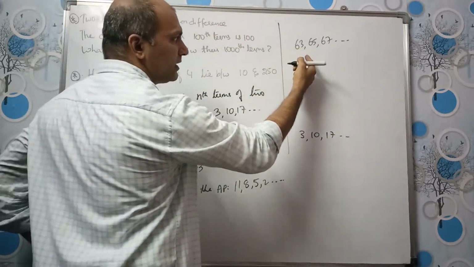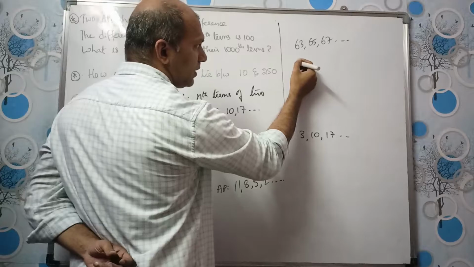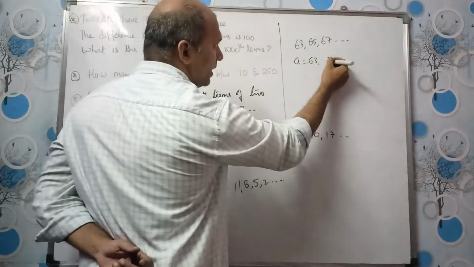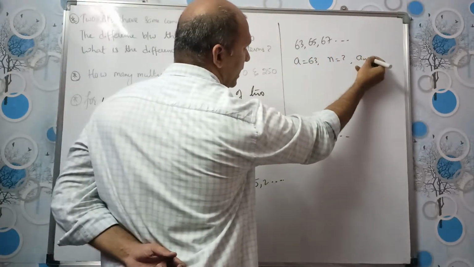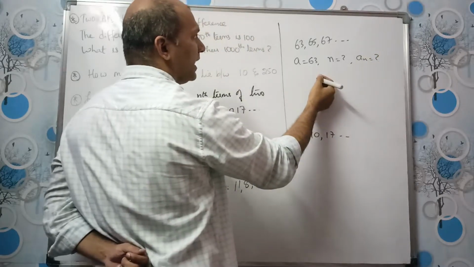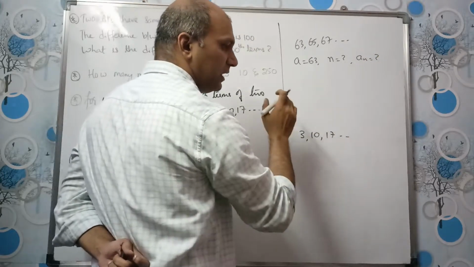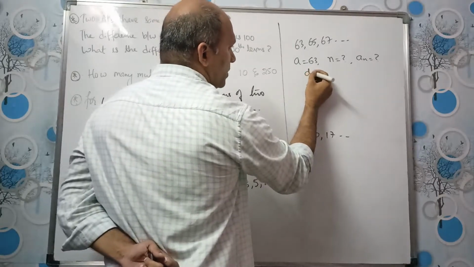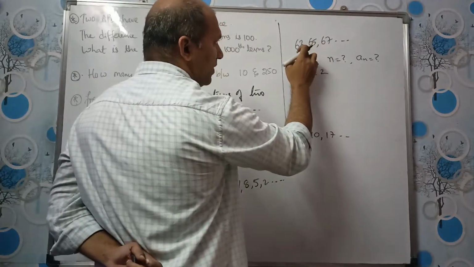Let us find the nth term here. So a is 63, n we don't know, an we don't know, but we know that they will be equal. What is the common difference? It is equal to 65 minus 63, which is 2.